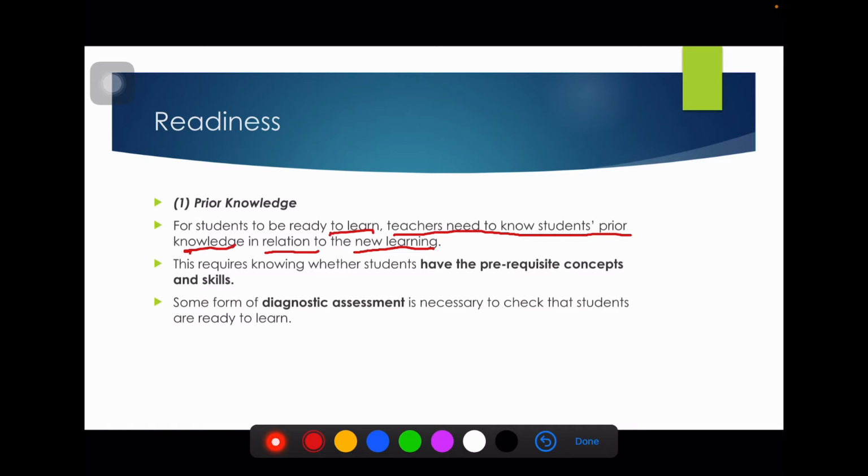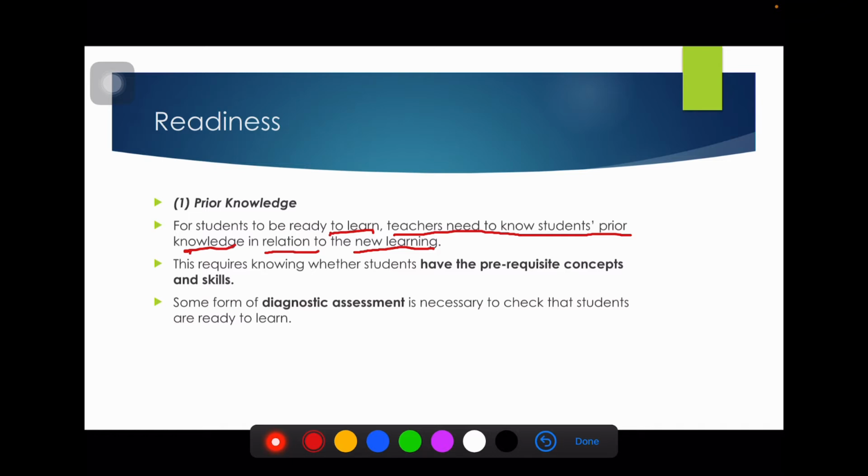So whether they have heard of the term, whether they have seen the 2D shapes or 3D shapes, whether they know how to describe the attributes or the properties of the 2D shapes or 3D shapes, whether they know how to measure using a ruler, and whether they have done it correctly.